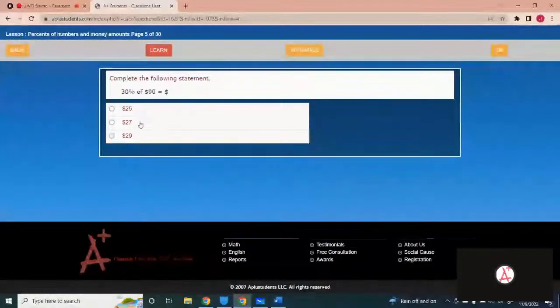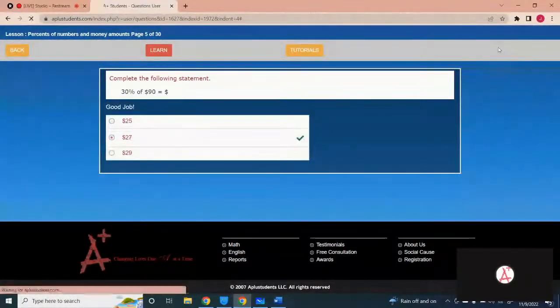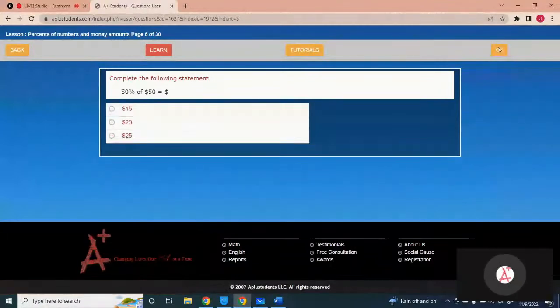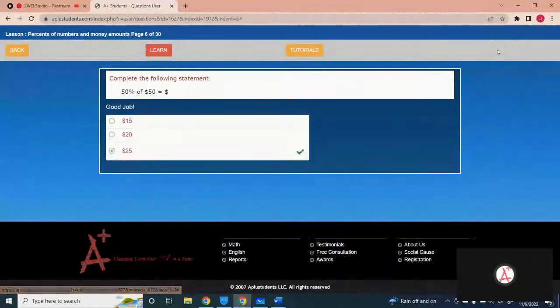Got it? Just select the correct option and then click on the OK button. Okay, 50% of 50 is, 50% means half of the 50. So half of the 50 is 25. Just select the correct option and click on the OK button.